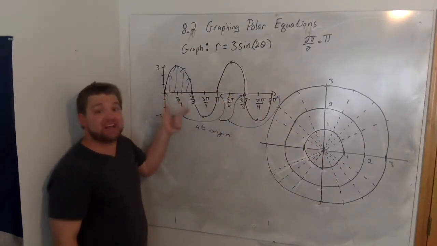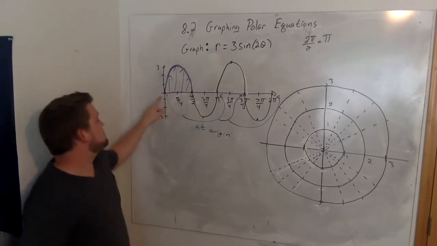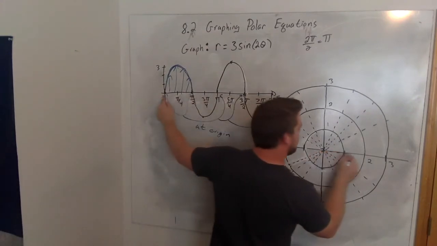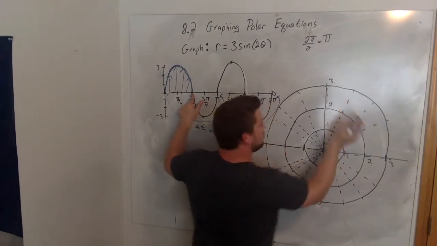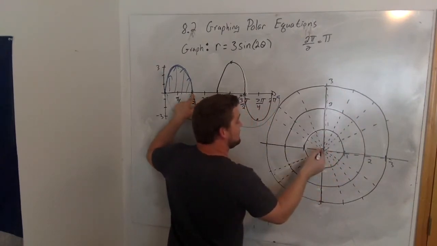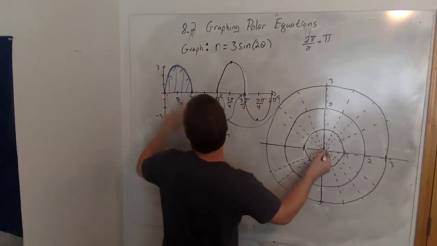So we have a leaf right here, in between these x-intercepts. That leaf is going to be contained between an angle of 0 radians and pi over 2 radians. Within here, the radius is going to get bigger, and then come back down to 0.